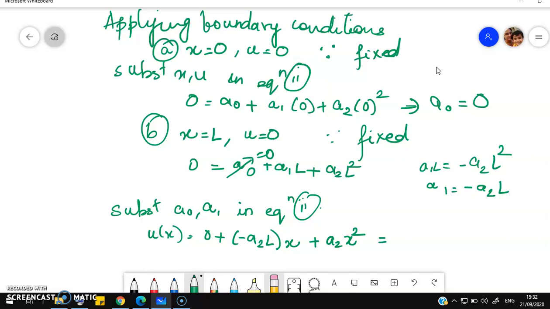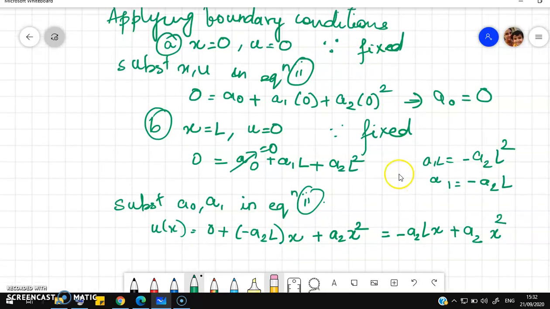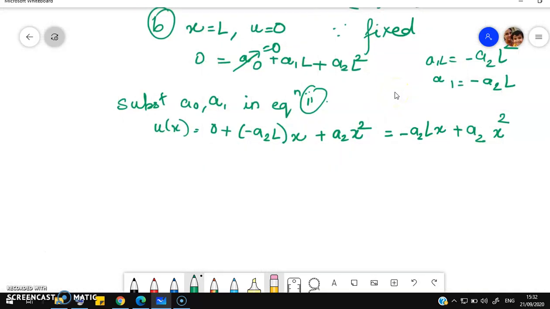So we get minus a2Lx plus a2x square. Another boundary condition that we could put is at x equals L by 2, that is at half the span. We know that the displacement is UP. Now let us call this equation 3.